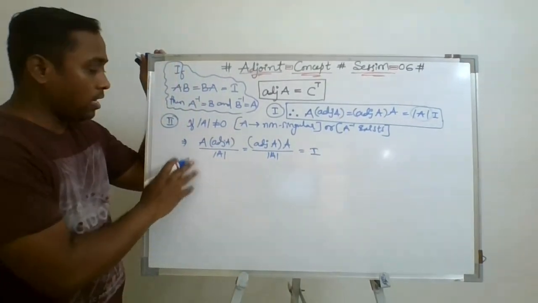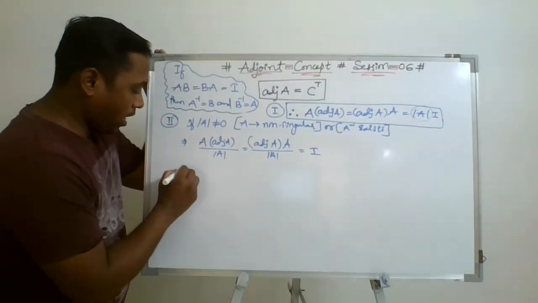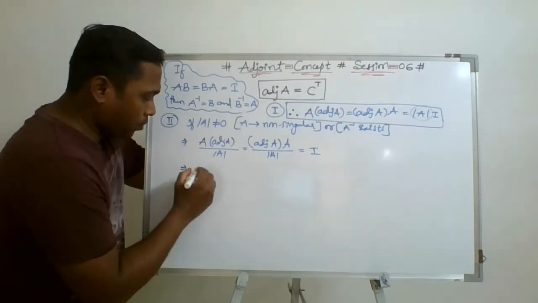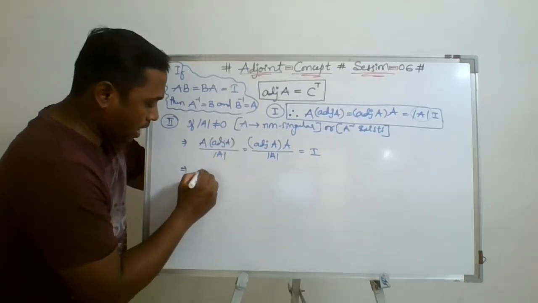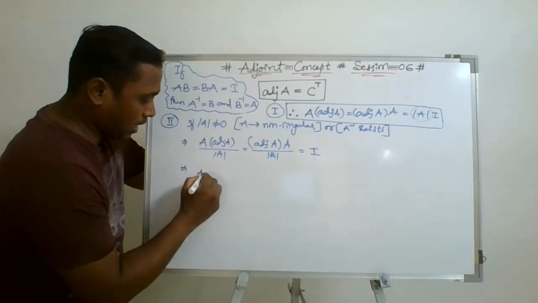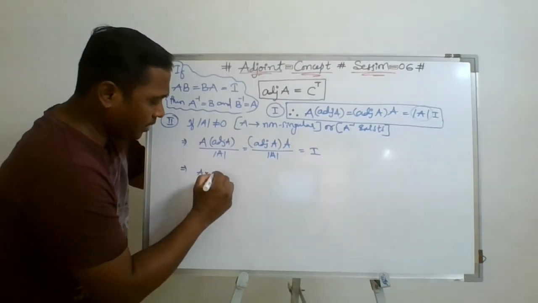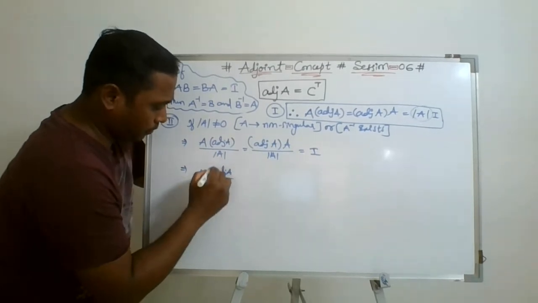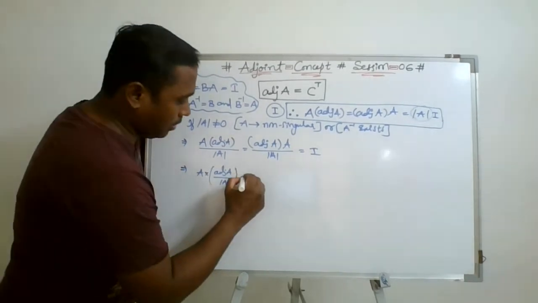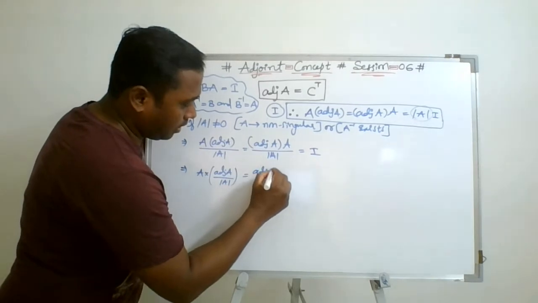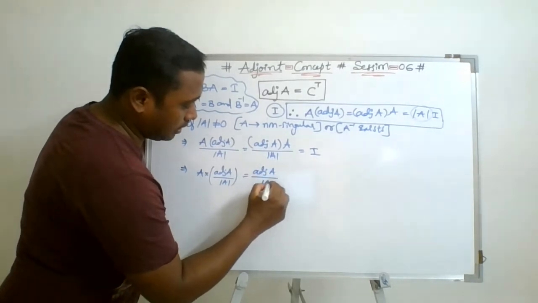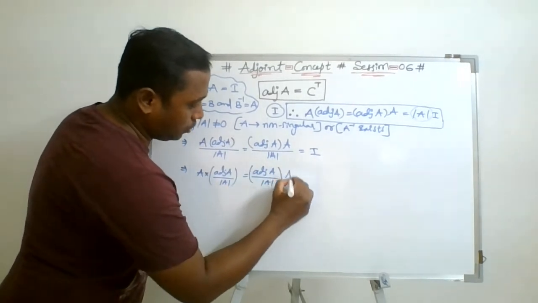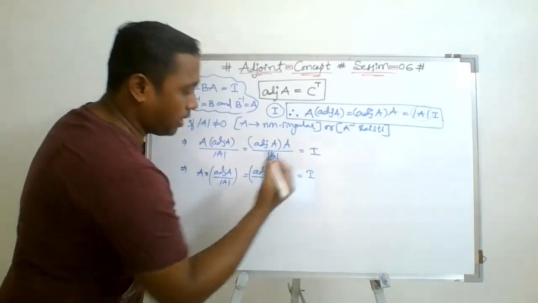This is the result. Now based on this result, what I am going to conclude here. I can also write this expression as A into adjoint A by det A. Similarly here, adjoint A by det A into A is equal to I.